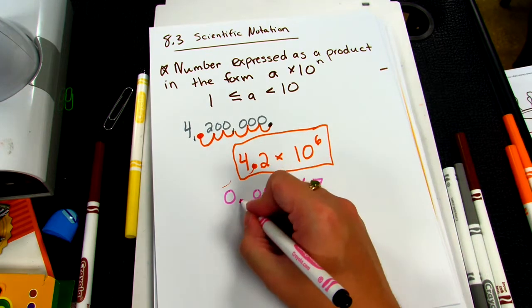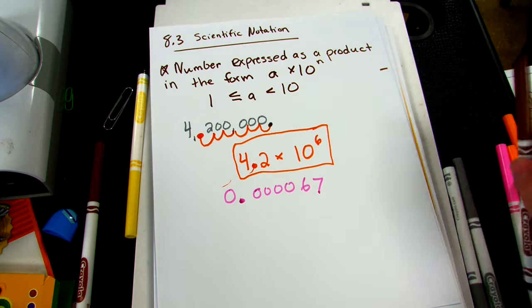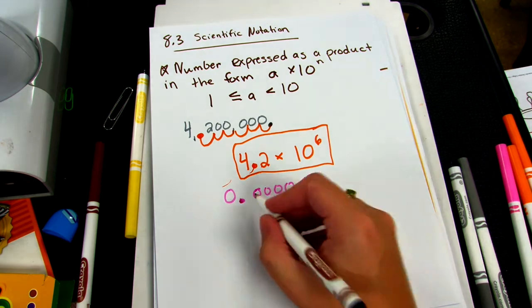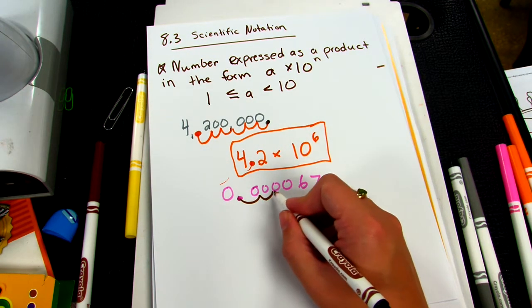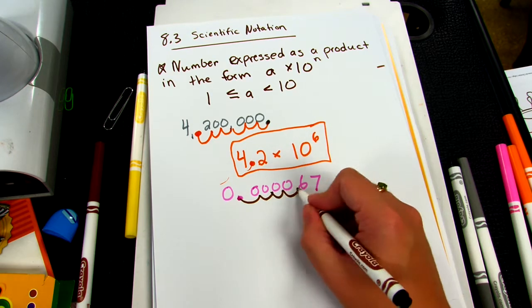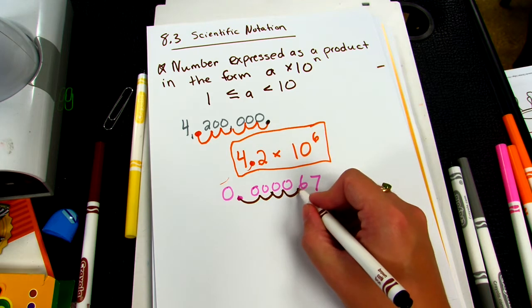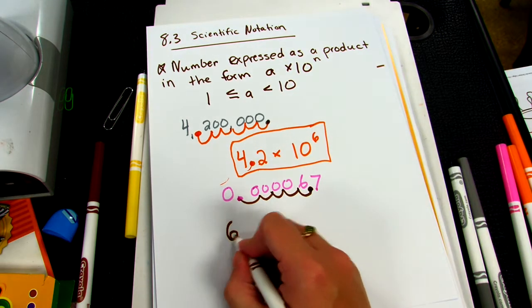So again, the first thing we want to do is move our decimal until we have a number between 1 and 10. So let's see, we move it once, still too small. Move it again, still too small. Again, still too small. Again, we're at 0.67, which is still less than 1, so we have to move it one more time to get 6.7 for our A value.